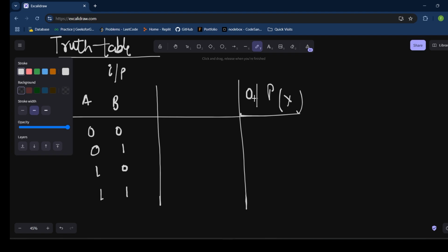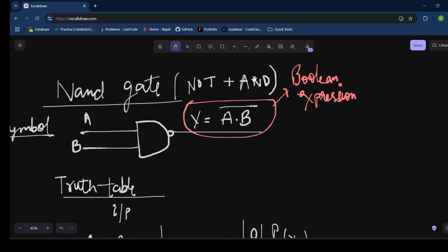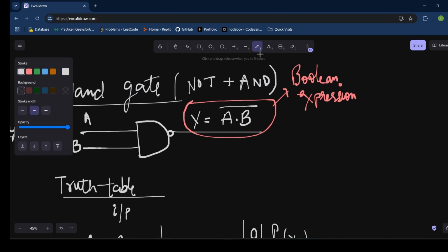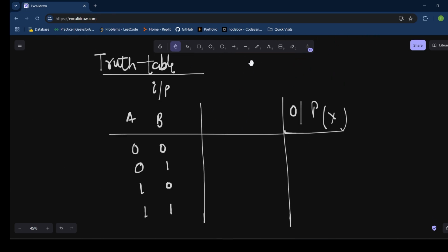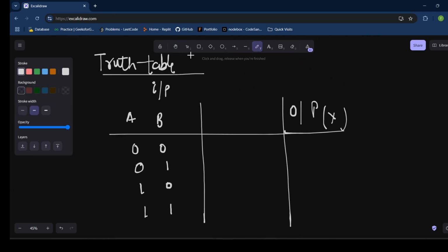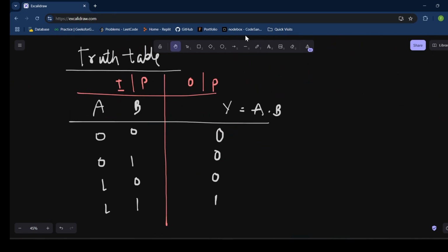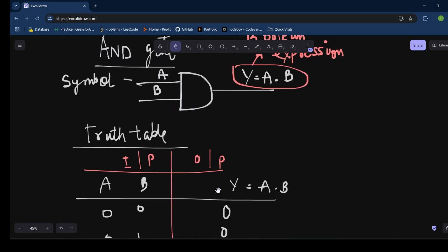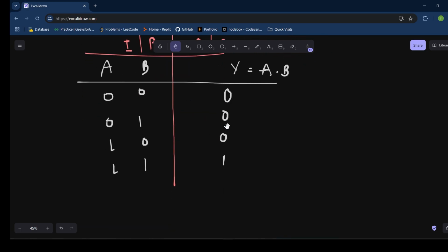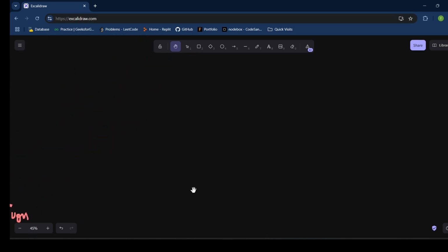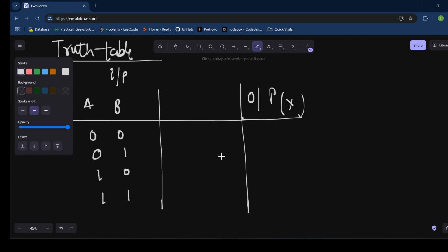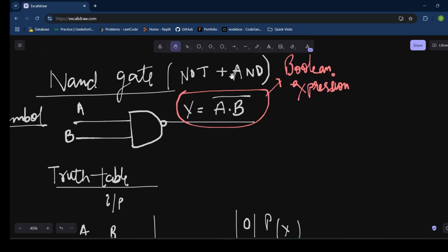So as it is the combination of AND and NOT gate, so do one thing. First write the output of the AND gate, as here we have the output of AND gate as 0 0 0 1. So simply write that and then invert that, as it is the combination of AND and NOT.